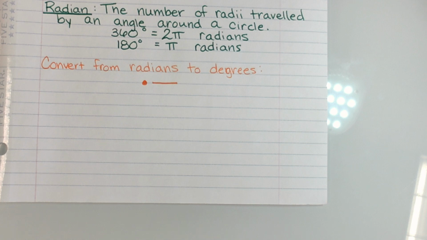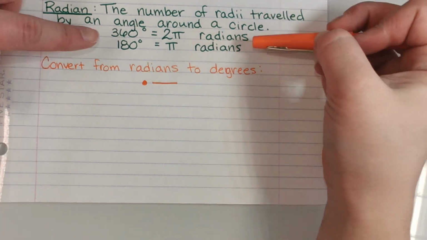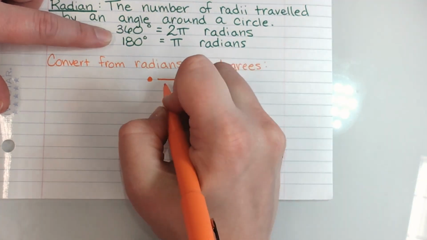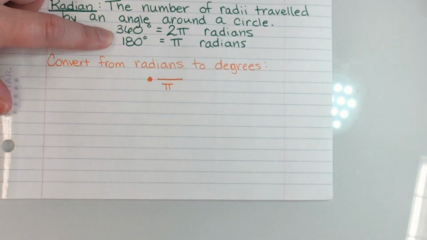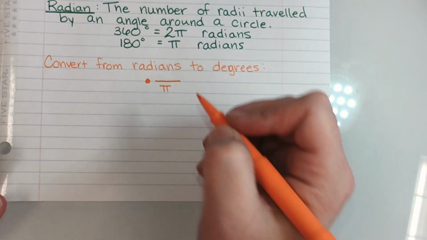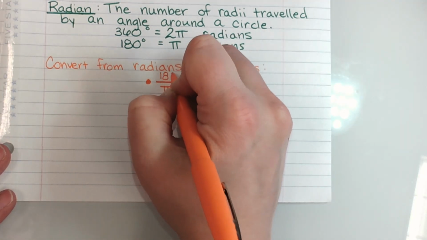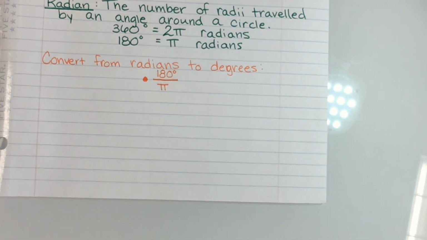If you have radians and you changed it into a fraction, radians is on top. To get it to cancel out, I need radians then on bottom of my second fraction. Here's my conversion. Radians will go on bottom, has pi, and degrees will go on top. If I want to convert from radians to degrees, I multiply by 180 over pi.